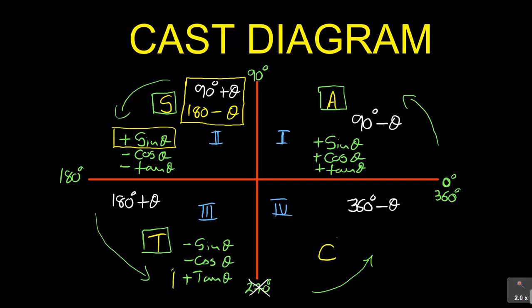Hence, we have that as T. And lastly, in this fourth quadrant, we have sine theta, cos theta, and tan theta, and we have C, meaning only cos is positive, the other two are negative, and that's why we call it C. So this is most of the information.